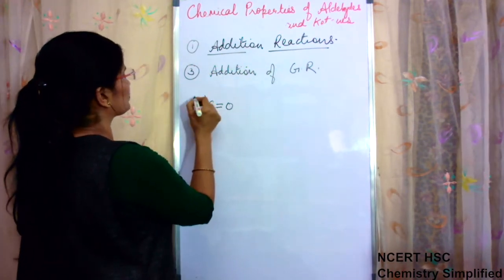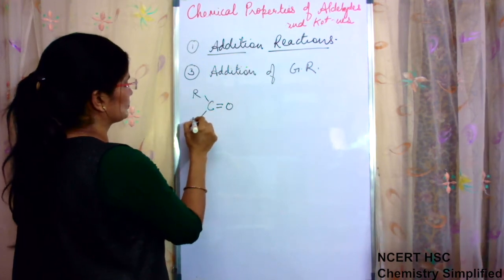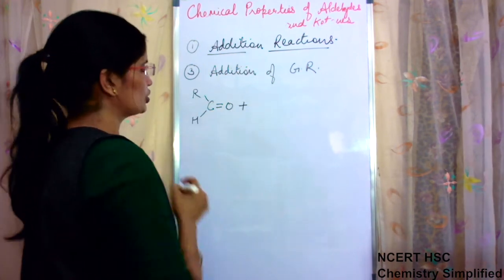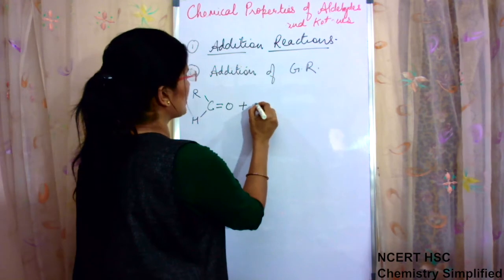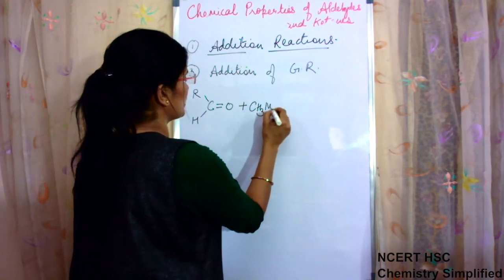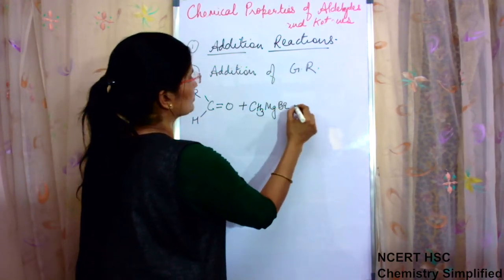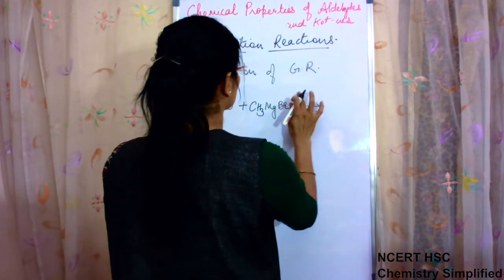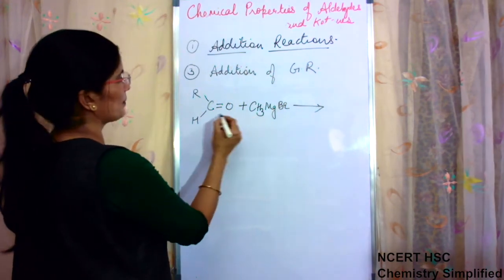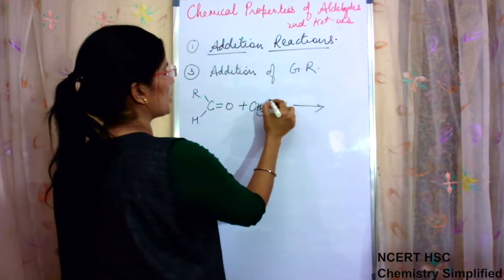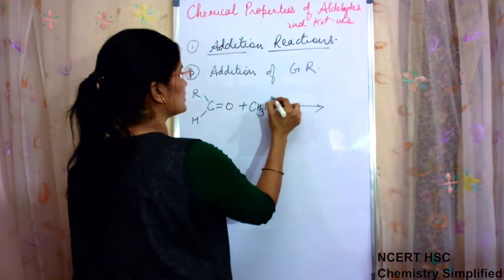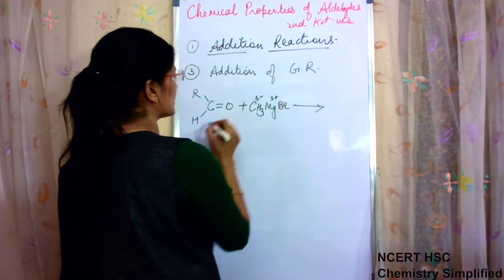When aldehydes or ketones react with Grignard reagent like CH3MgBr, then what happens? Again, this part we always see that it is positive and this is negative.